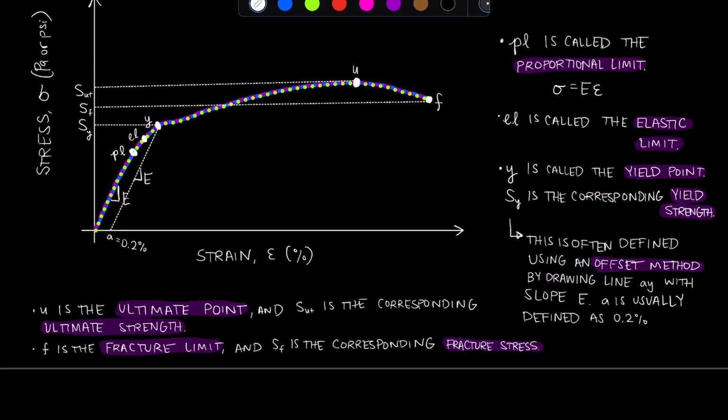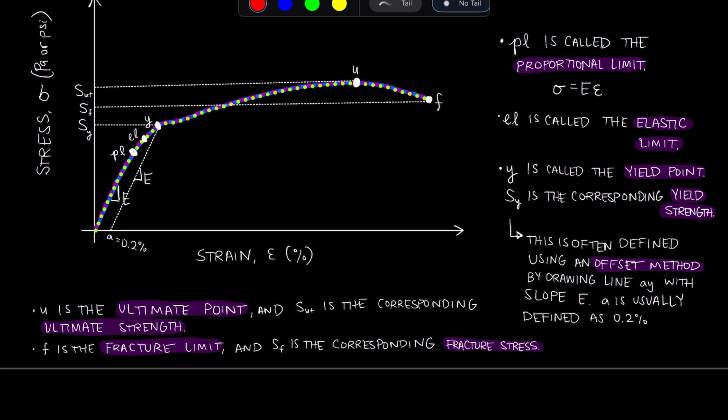All right, and before we move on, I just wanted to make one more note about Young's modulus, which is, again, this slope on the beginning section of the stress-strain curve. Young's modulus will very nearly be constant for a given type of material. So, for example, steel or aluminum or copper.